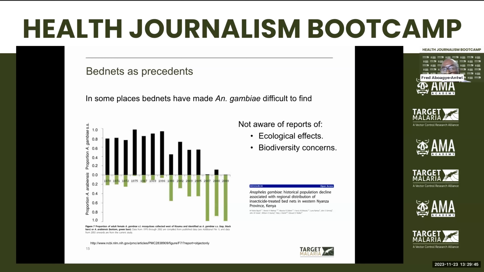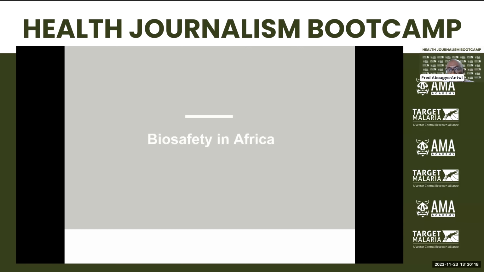But these drops in numbers have not been associated with any ecological effect or biodiversity concerns, and hence we do not think that significantly reducing Anopheles gambiae numbers, or malaria mosquito numbers, could have a significant impact on the ecosystem. But our work as scientists is to provide evidence and data in support of that. Next slide, please.